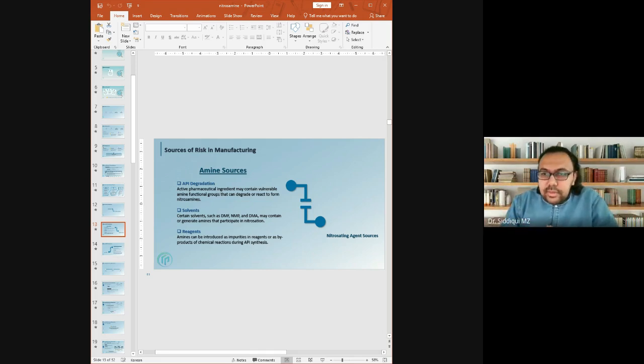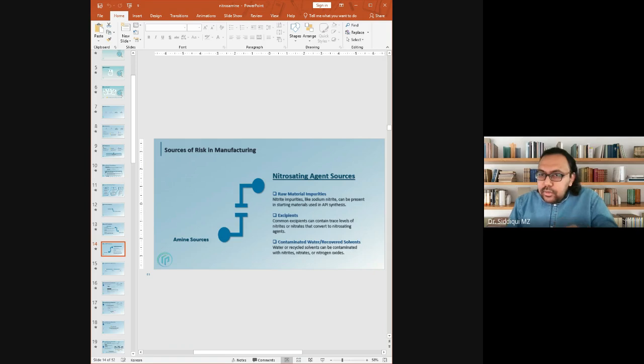Certain solvents such as dimethylformamide, N-methylpyrrolidone, and dimethylacetamide may contain or generate amines during the process. Also, the reagents: amines can be introduced as impurities in reagents or byproducts of chemical reactions during API synthesis.